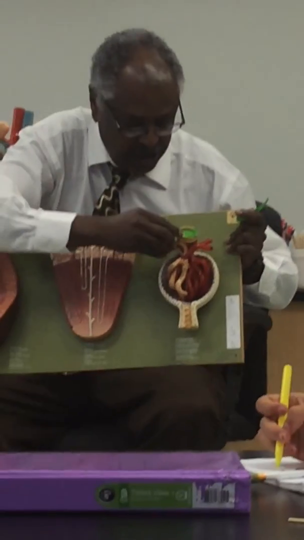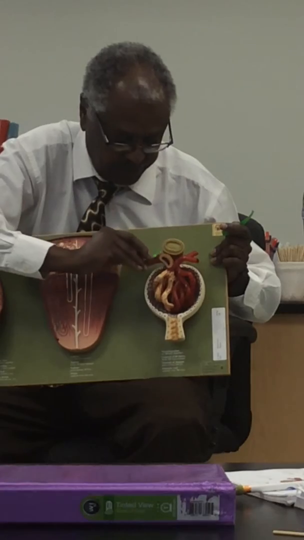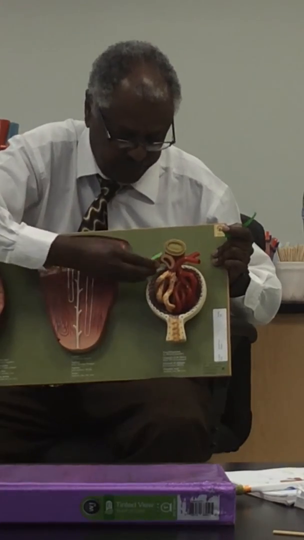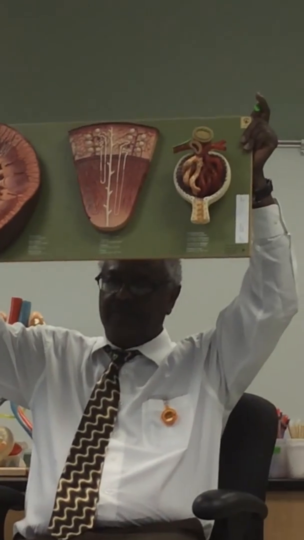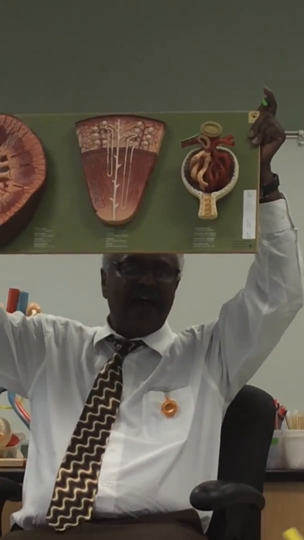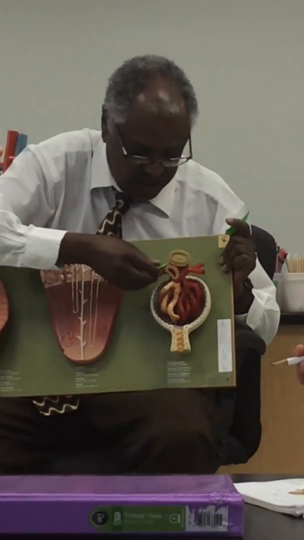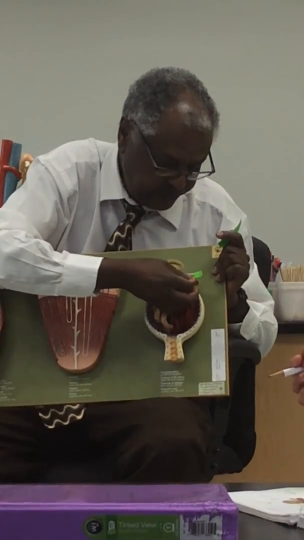If the label is on this side, right here, that is the afferent arteriole, number 33. If the label is on this side, that is the efferent arteriole.